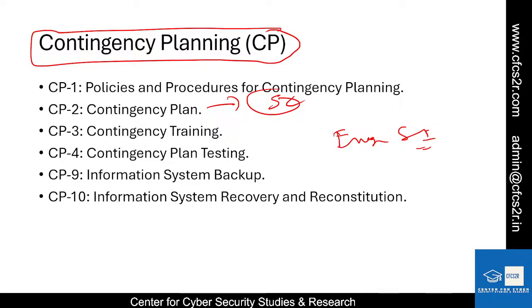So alternative suppliers of system components, alternate suppliers of system services, and alternate delivery routes are also important. If you are going from place A to B and you have a single national highway, in certain cases that highway is blocked. Although it is not related to cybersecurity, it will impact your supply chain. Whenever you are working on the supply chain, all these things are issues, like denial of service attacks on the supply chain.